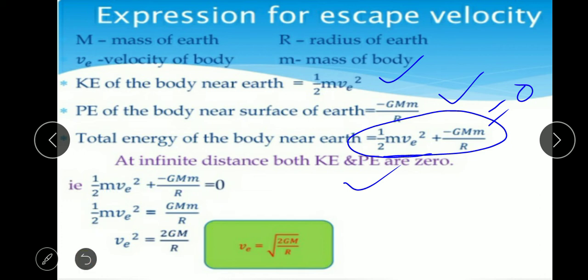What I'll do, students, I'll keep v square here on the left hand side, and rest everything I'll change the side. 2 is in the denominator.